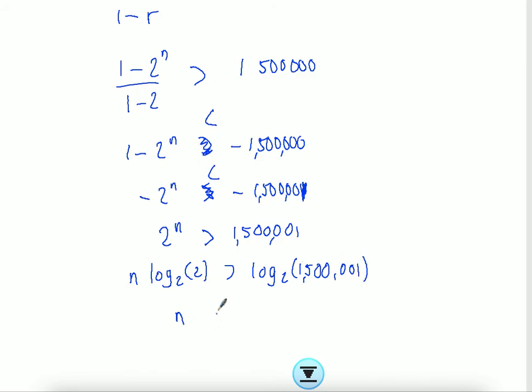So that's going to be n is greater than, and then typing it into my calculator, log in base 2 of 1,500,001, which is 20.5165 and so on. So n must be 21 in order to get the series to sum to something greater than 1.5 million.